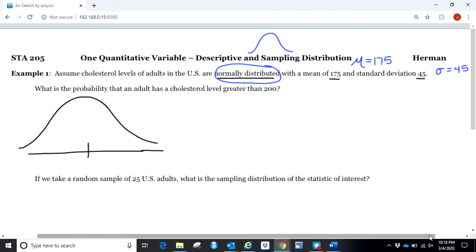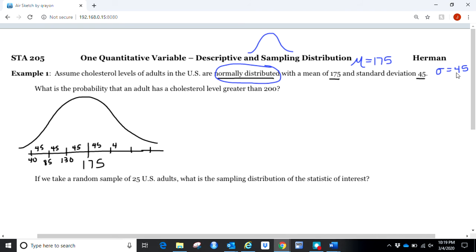So our mean is 175, and we draw our little scale in increments of our standard deviation. Here, the standard deviation is just the 45 that we're working with. So I'm going to subtract 45 every time we go to the left, giving me 130, 85, and 40.